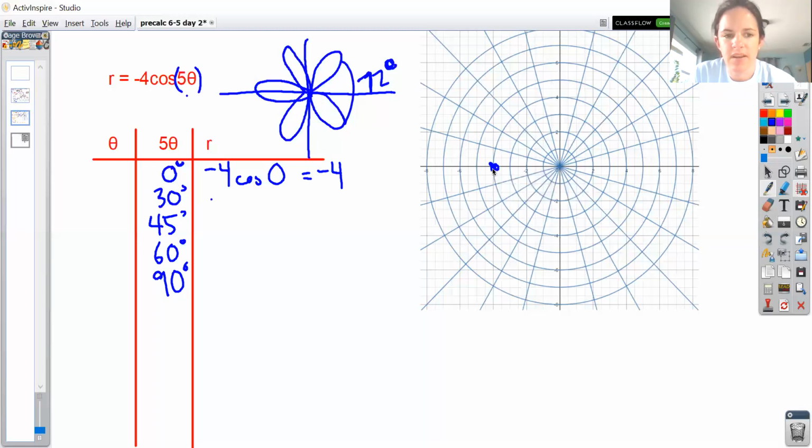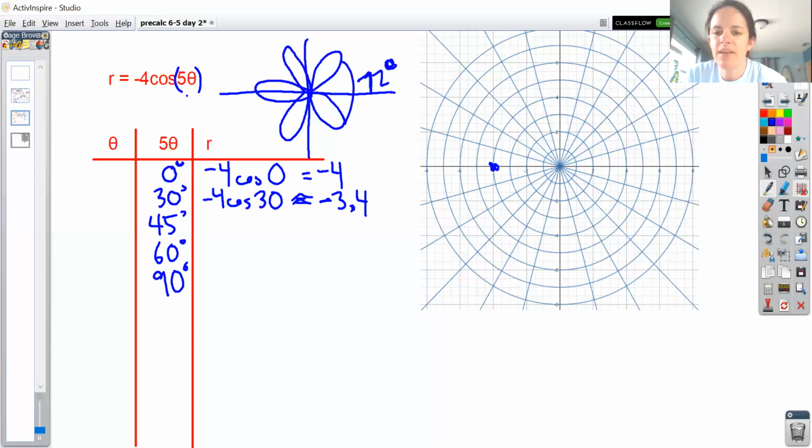At 30 degrees, I'd have -4 times the cosine of 30 degrees, which would be -2 root 3, which would be approximately -3.4. So again, use the approximations I gave you on the last page because the whole goal is that we're getting a nice, lovely picture without using a calculator.